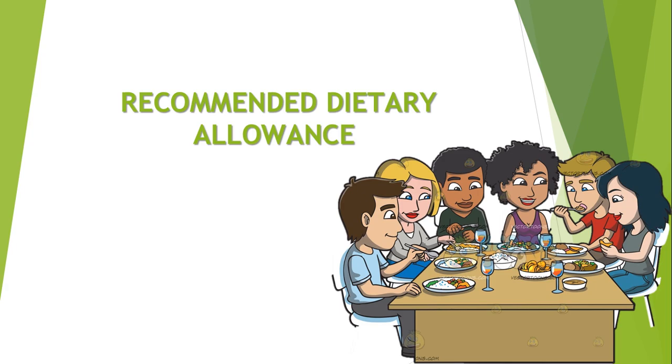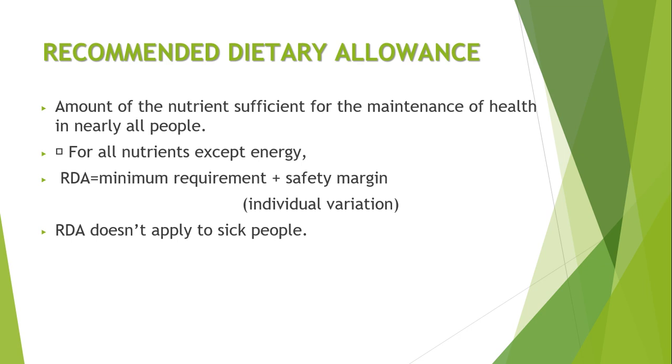Now, another important nutrition resource that is very useful is called the Recommended Dietary Allowance. Basically, recommended dietary allowance means the amount of nutrients sufficient for the maintenance of health in nearly all people. Now, let me just give you a scenario. We have been learning about the different nutrients, right?